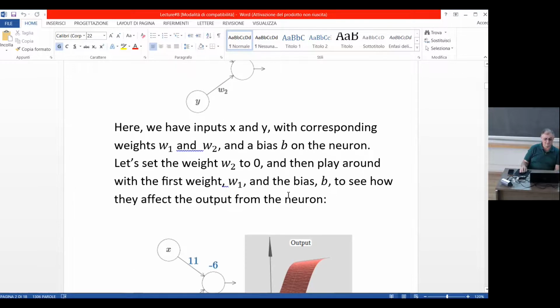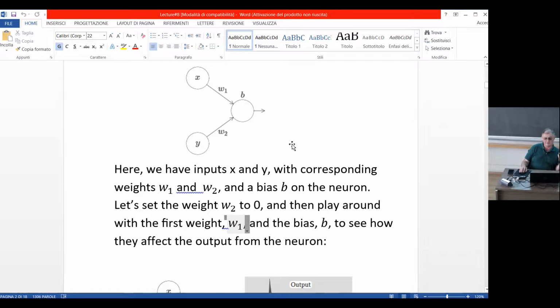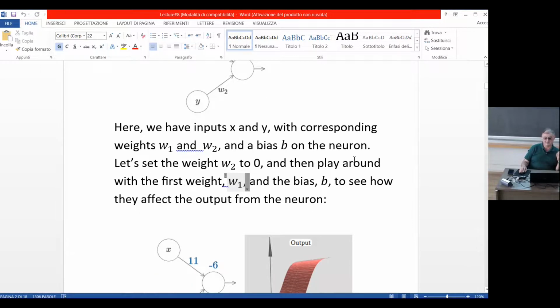Now let us bring one of the weights to 0 and consider only one weight and one variable, of course x, and we annul the second variable. So we consider only the one-dimensional case.